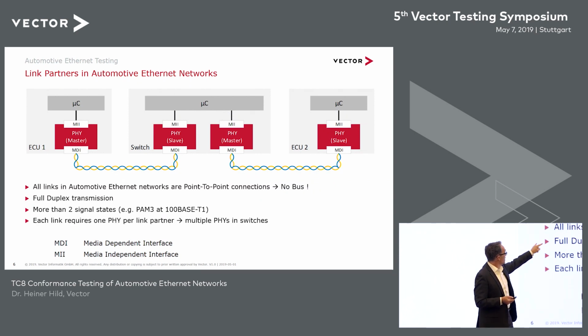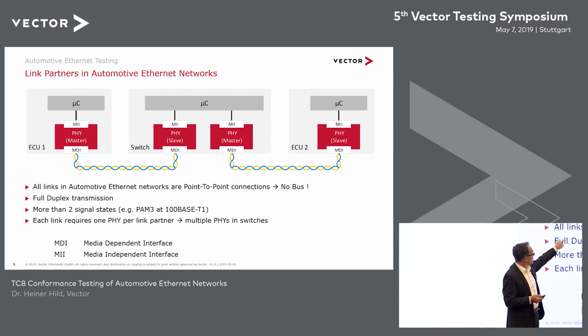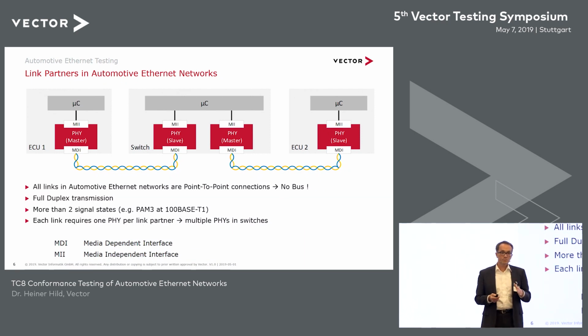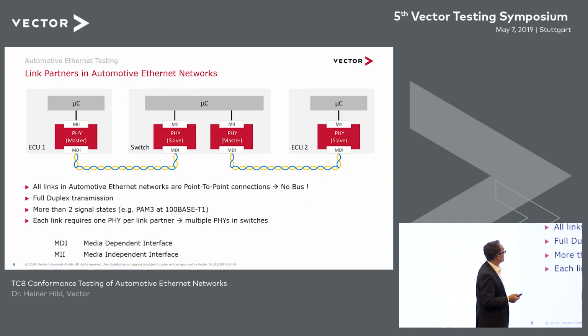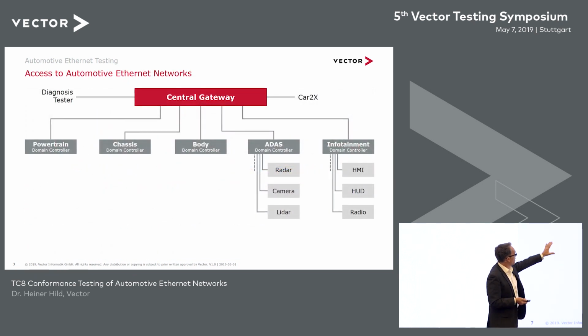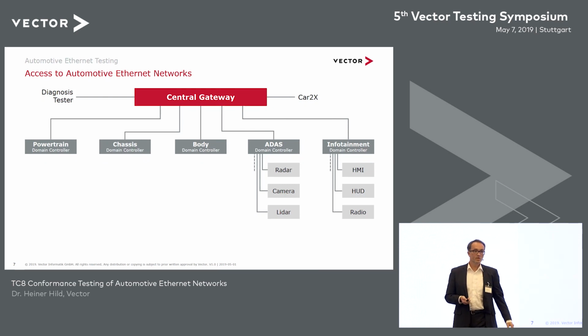And then finally, each link in the network has to serve one PHY. So those are basic differences between Ethernet networks and classical bus systems, and they require accordingly adapted test solutions.